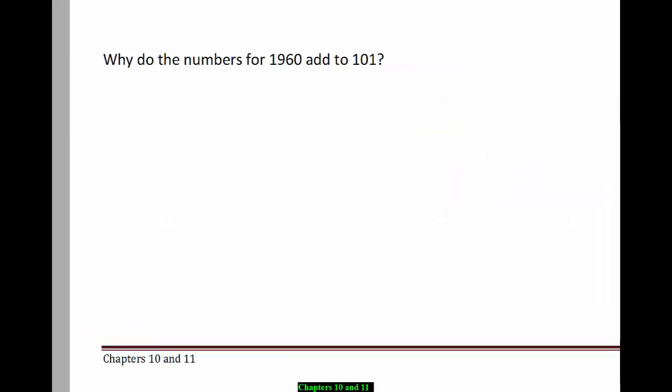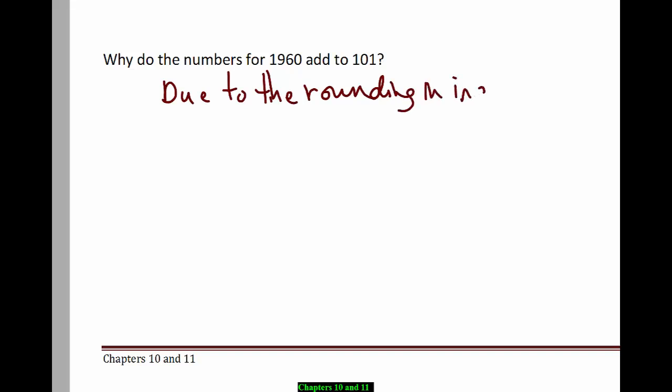So the reason that these numbers add to 101 is due to rounding in the individual categories. When we round those numbers, they may not still add up to 100%.